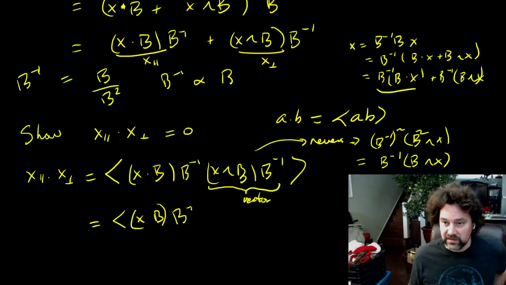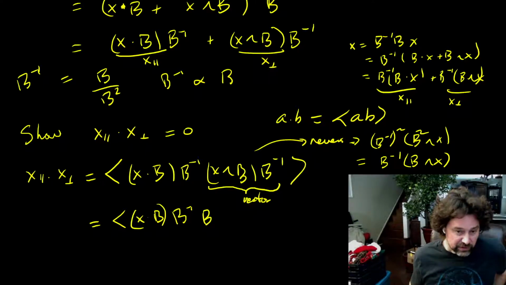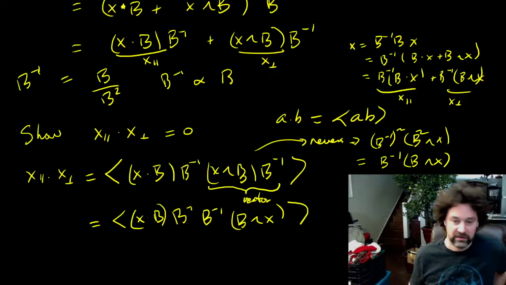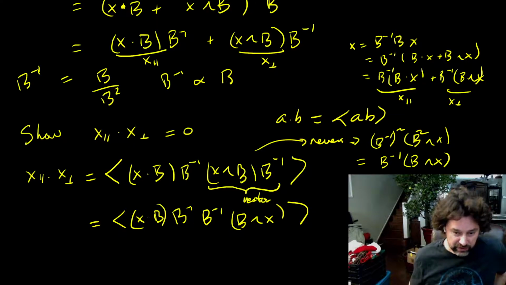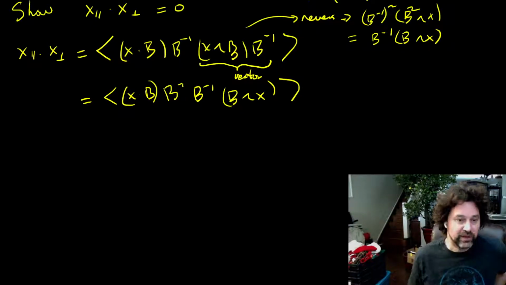So this is a different way of writing x parallel, and this is a different way of writing x perpendicular. So we're free to now say b inverse times b inverse b wedge x, all scalar. That was a kind of roundabout expansion, but the key here is that b inverse times b is a scalar. So now we can pull that out. Let's do that.